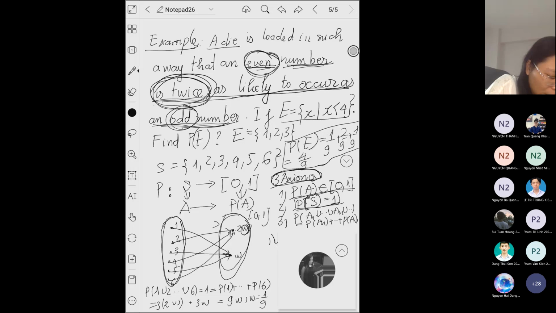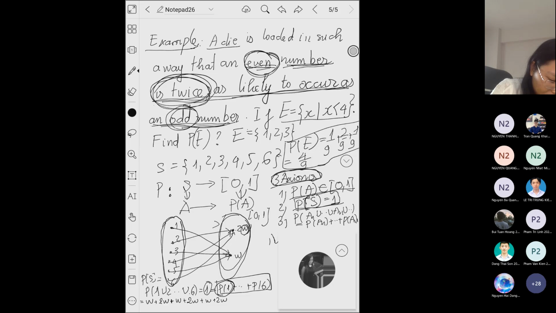Okay, so S equals 1 union 2 union up to 6, because axiom 3 tells us that the probability of the union of the 6 events equals the sum of the probabilities of the individual events. The probability of 1 equals W. Two is double, twice the probability. 3 is W, 4 is 2W, 5 is W, and 6 is 2W, right?